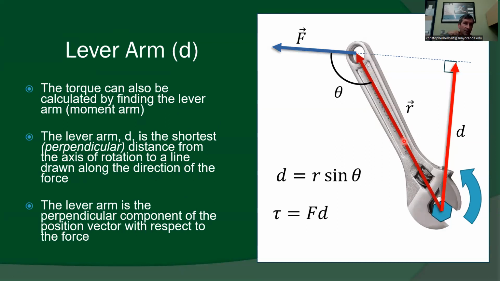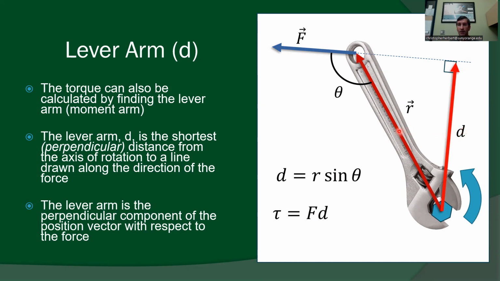Another approach is to calculate what's known as the lever arm or moment arm and multiply that times the force. When we're drawing our force diagrams and we're trying to calculate the torque, sometimes we can determine what is known as a line of action for the force. And the smallest distance of that line of action to the axis of rotation is known as the moment arm or the lever arm.